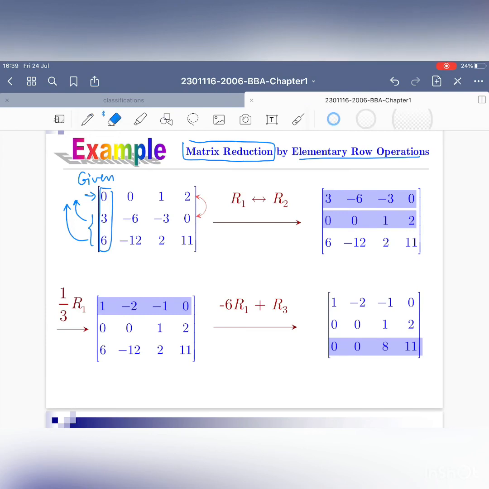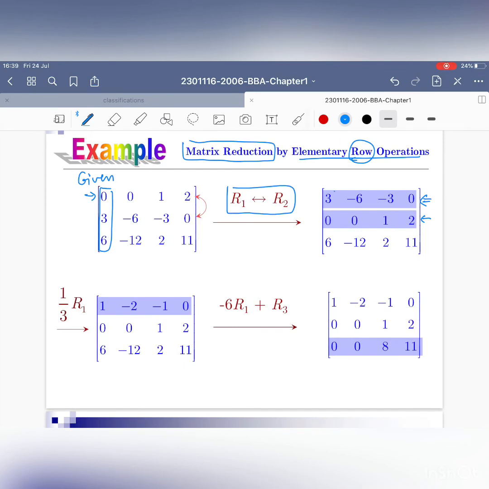So we decide to do R1 switch with R2, interchange. So the whole R1 is switched with your whole R2. When you look at it as a column, but when you do the operation, you are going to do the operation in terms of row.